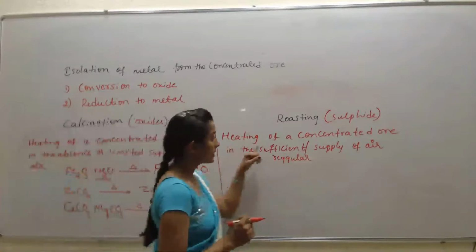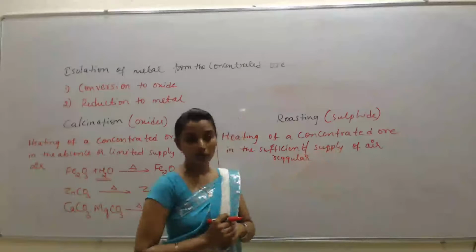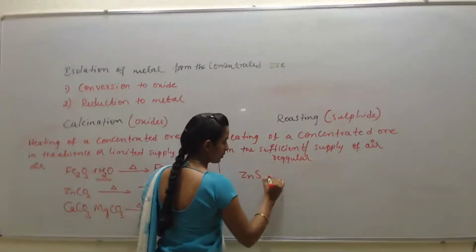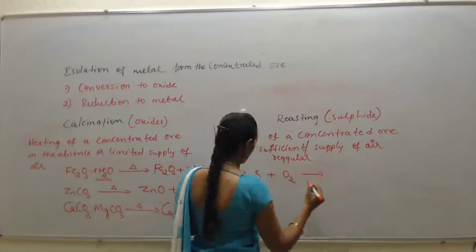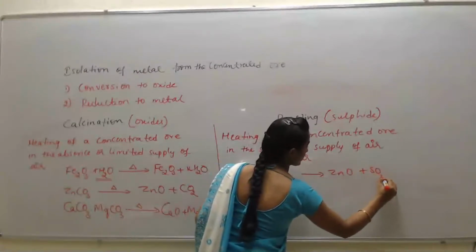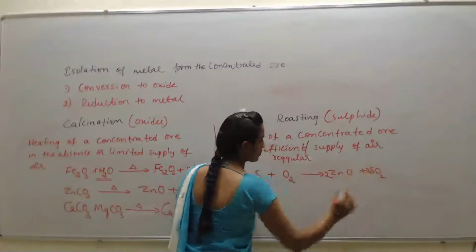So what happens here? Heating of a concentrated ore in a sufficient supply of air. Take ZnS; we require oxygen molecule, so it forms ZnO plus SO2. Balance it with 2 times.